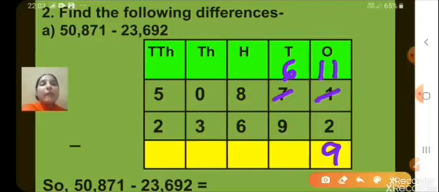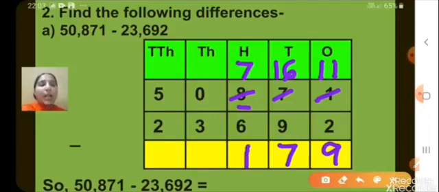It means we have to borrow from hundreds place, and what is the digit at the hundreds place? 8. So when we borrow 1 from 8, we'll get 7 here, and at tens place now we have 16. So now let's see the tens column. 16 minus 9, what we'll get? 7.